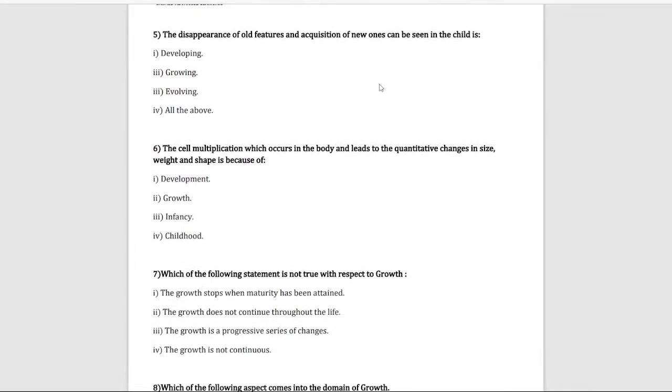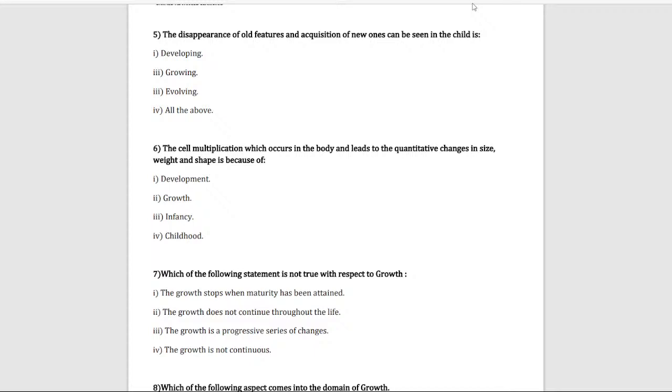Question number 5. The disappearance of old features and acquisition of new ones can be seen in the child, which is dash. First, developing. Second, growing. Third, evolving. Fourth, all of the above. So what, according to you, has to be the answer for question number 5?